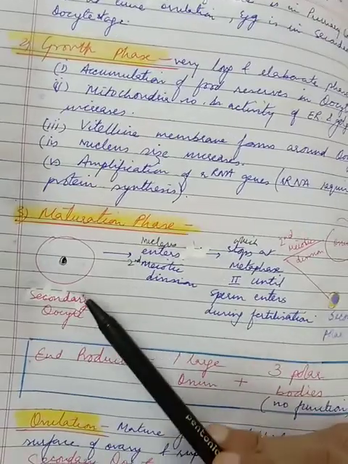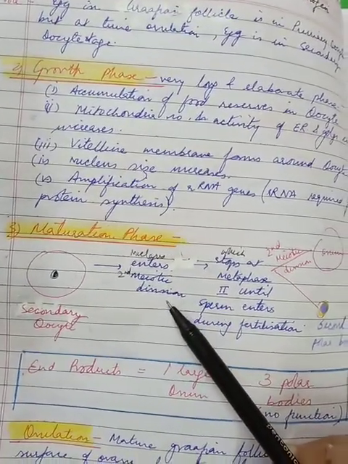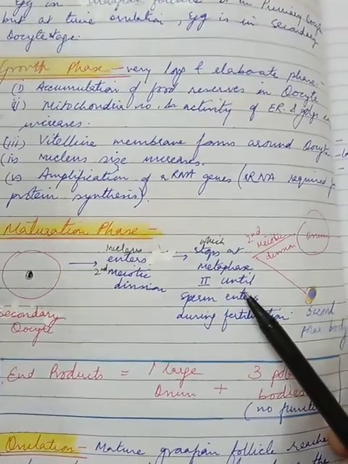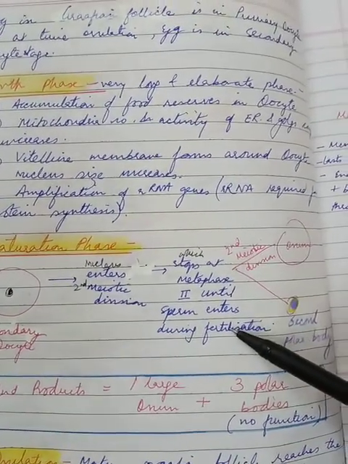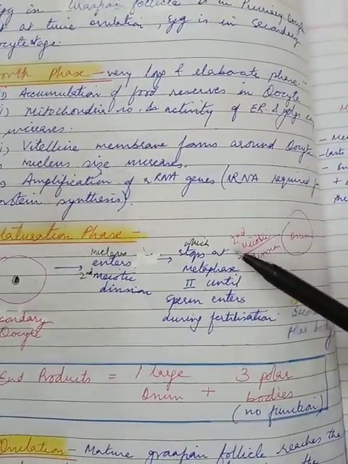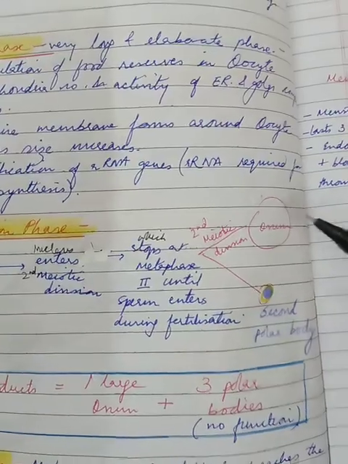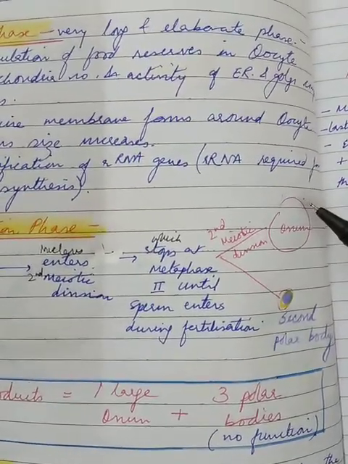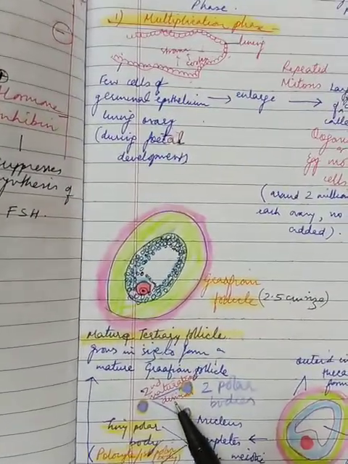So once again children, the secondary oocyte enters second meiotic division, which stops at metaphase 2, and this is completed when the sperm enters. After second meiotic division, the net production would be the second polar body and an ovum. At the same time, the first polar body also undergoes a second maturation division.